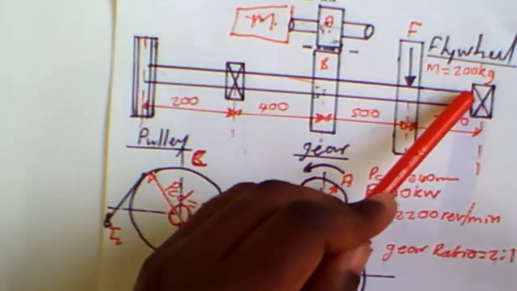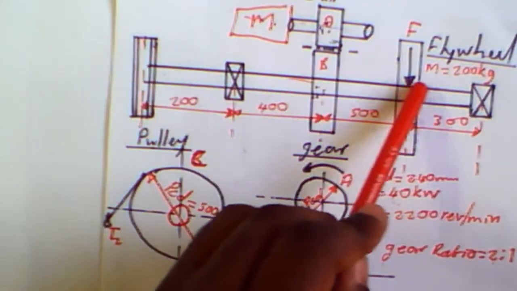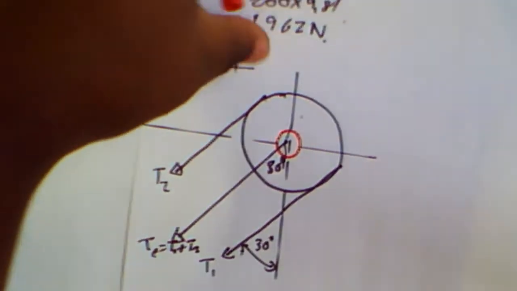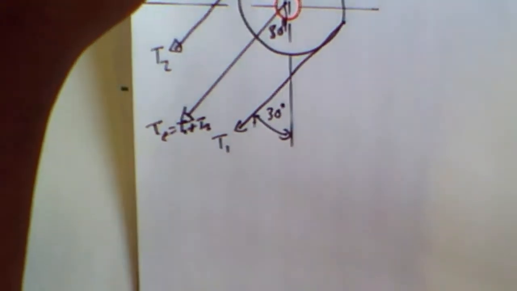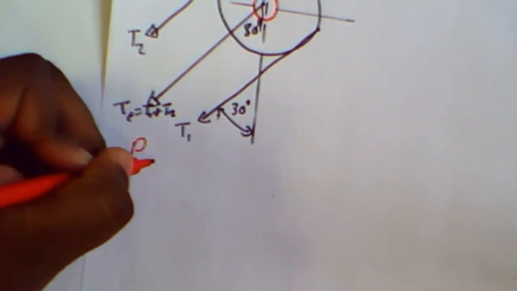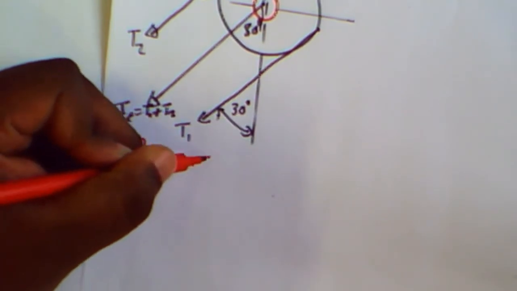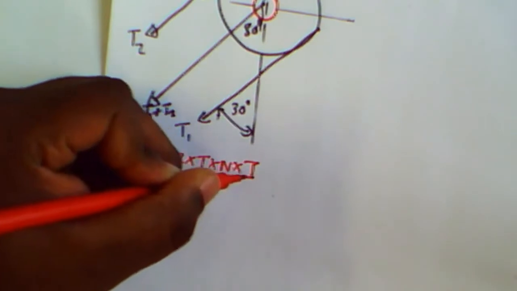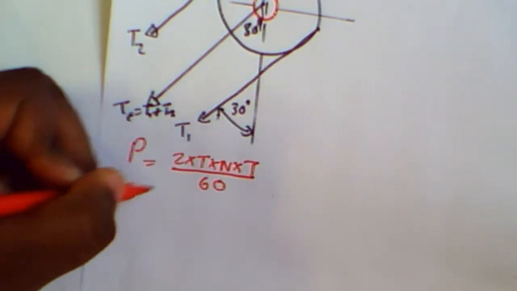This is the shaft that I'm interested in. From this formula, power is equal to 2 times pi times n times the torque divided by 60.